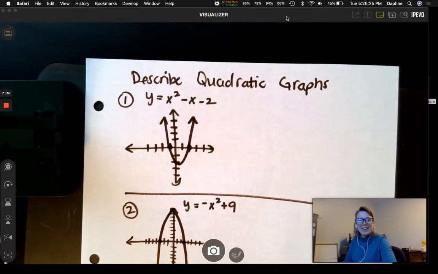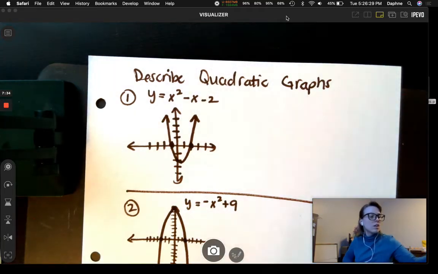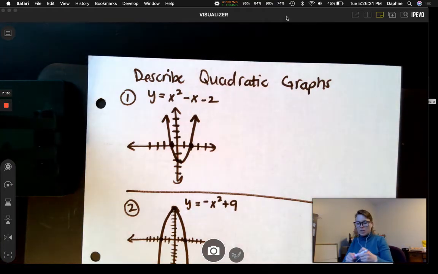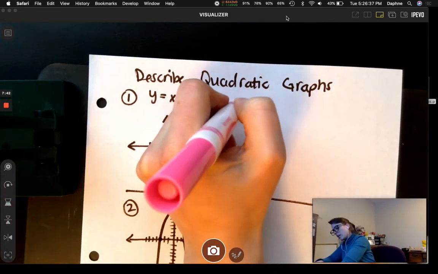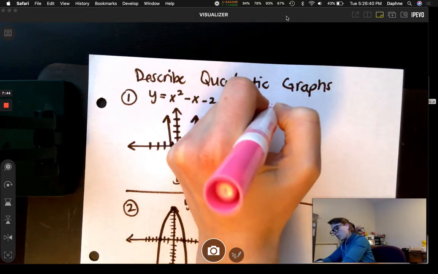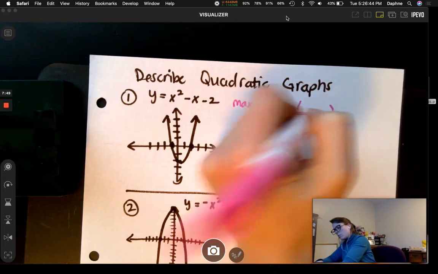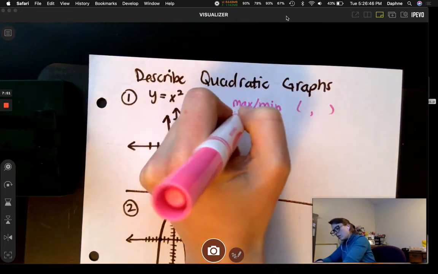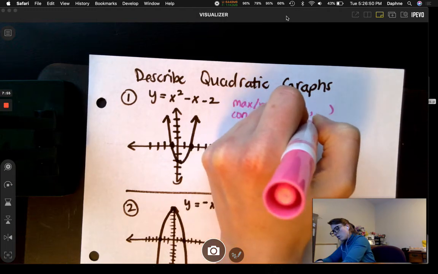And we're going to go back up to number 1. So on all of these, we are going to be going over all those vocab words that we saw before. Is it a max or a min? And where is that location? Is it concave up or down?